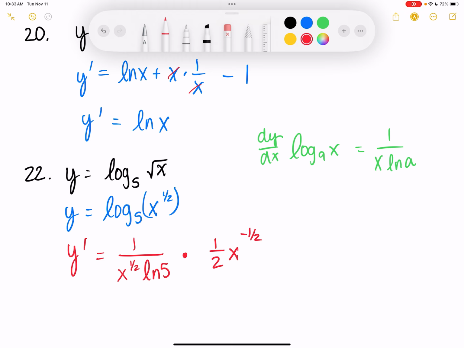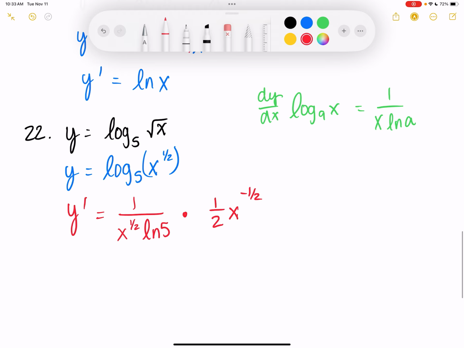So that's going to move this x to the negative 1/2 to the bottom, and so I'm going to end up with 1 over x to the 1/2 ln of 5 times 1 over 2 x to the 1/2.